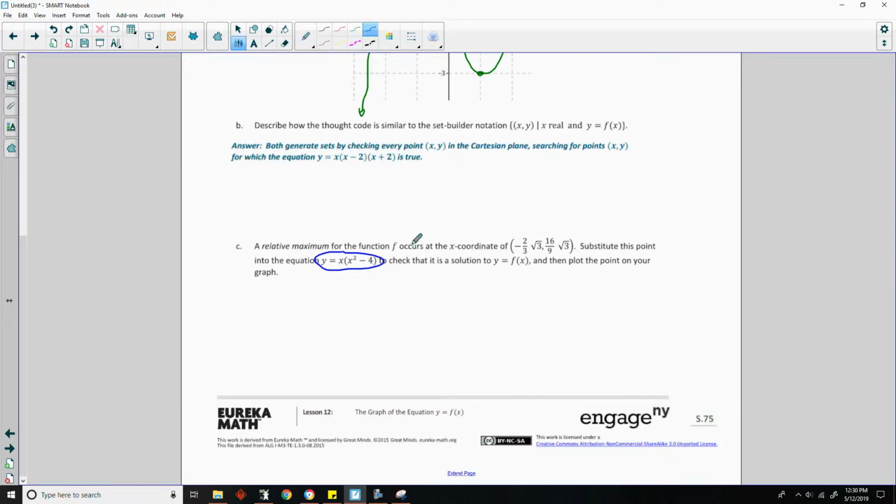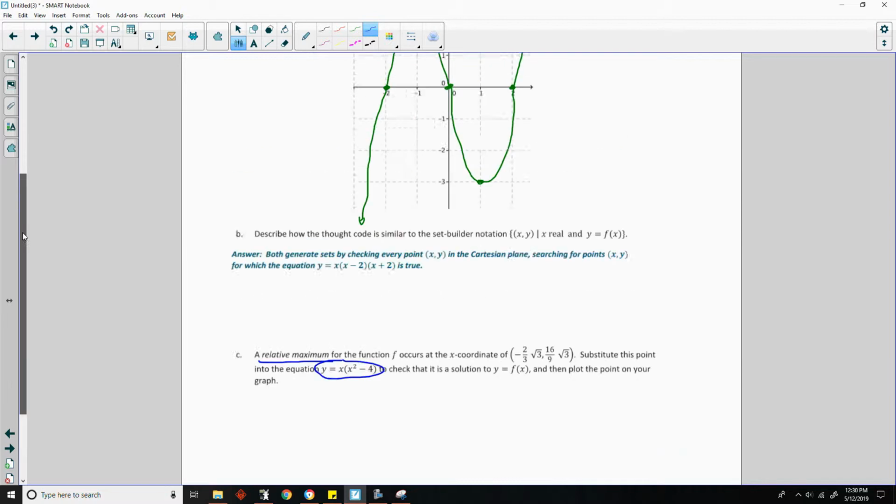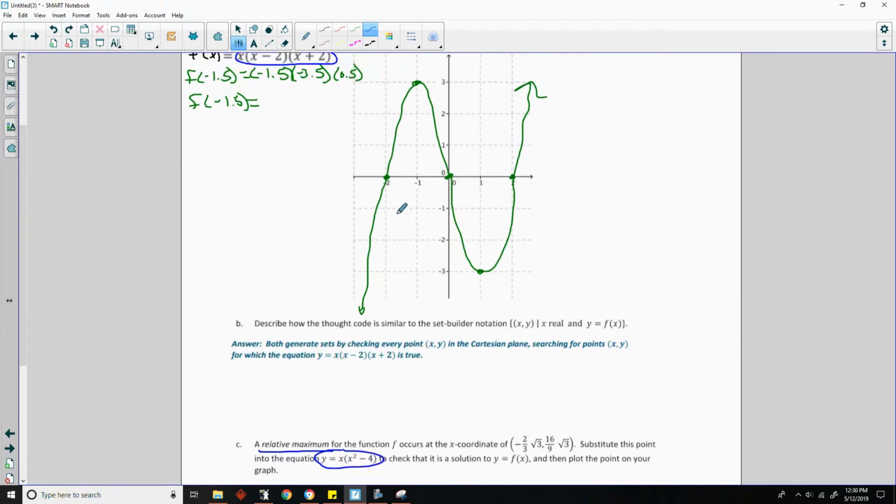And they're telling us that a relative maximum, well, that means it's a maximum relative to a certain range, or domain, I mean. So if I chose this value to this value here, a relative maximum would be the maximum value right here in between in that domain.